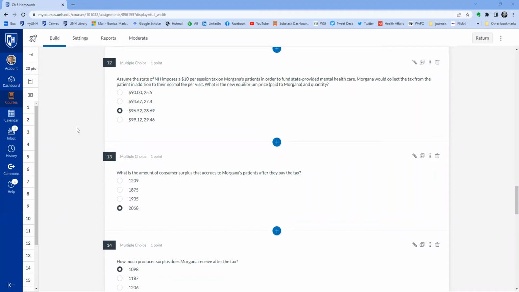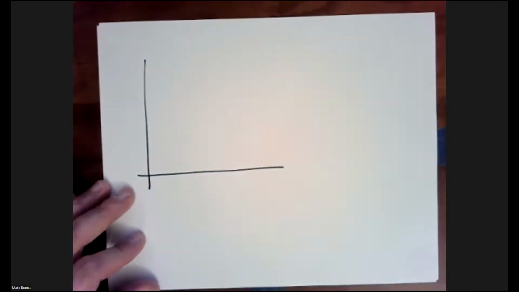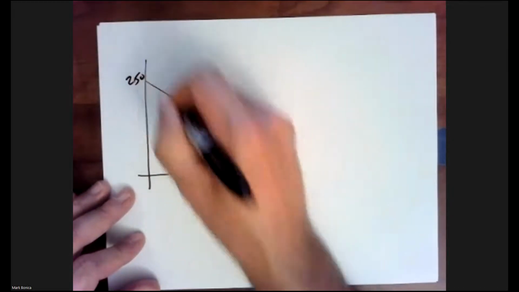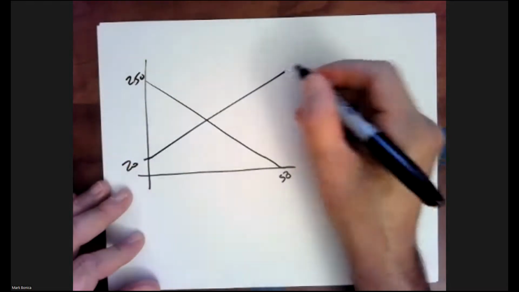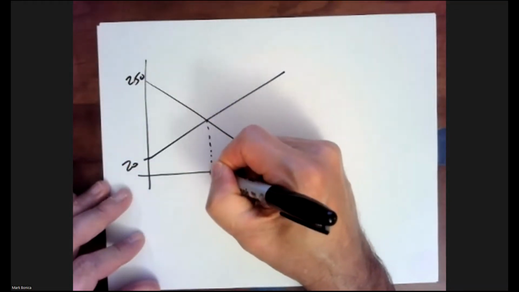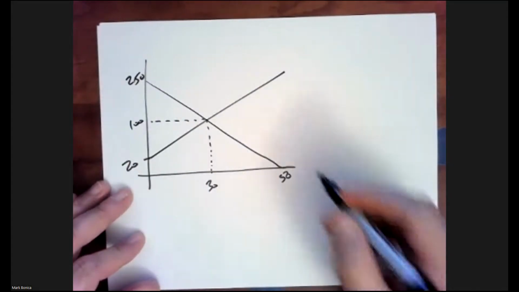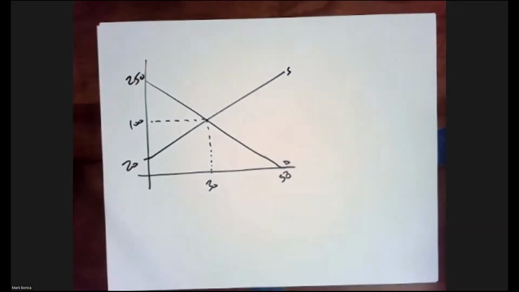So let me redraw that a little bit bigger for more room to maneuver. There's our demand, supply. So what's happening?